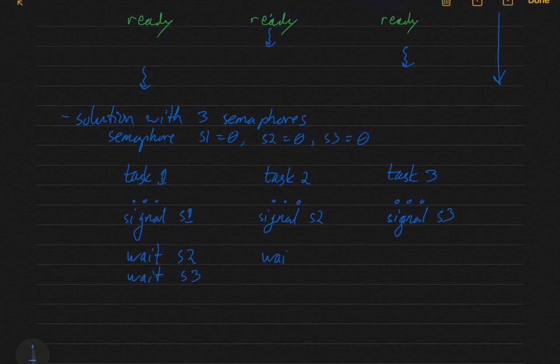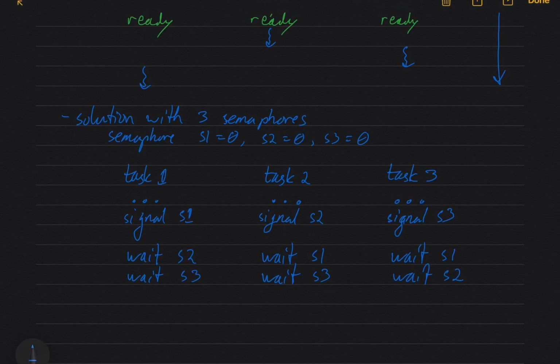So task 2 wants to know that S1 has arrived and that task 3 has arrived. And task 3 wants to know that S1 has arrived and task 2 has arrived, so it waits S2.